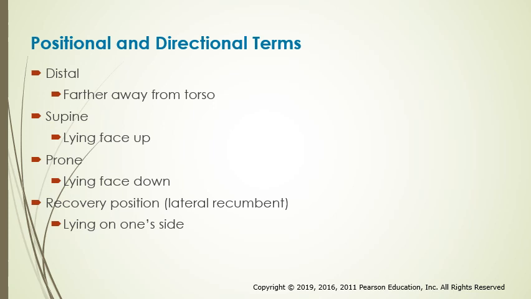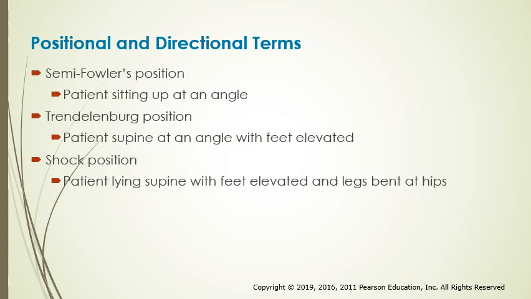Supine would be lying face up on your back. Prone, lying face down. And then you have your recovery position, which is also called the lateral recumbent position. And that's when you're lying on your side. Now, in EMS, for the most part, this is going to be on the patient's left side. Then we have semi-Fowler's position, where the patient's sitting up and at an angle.